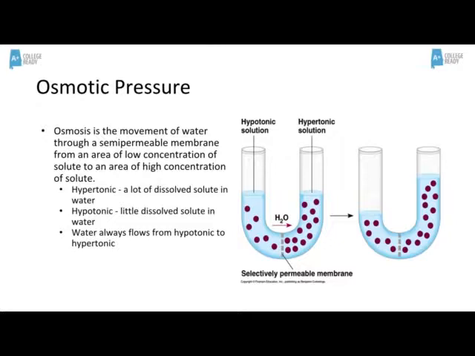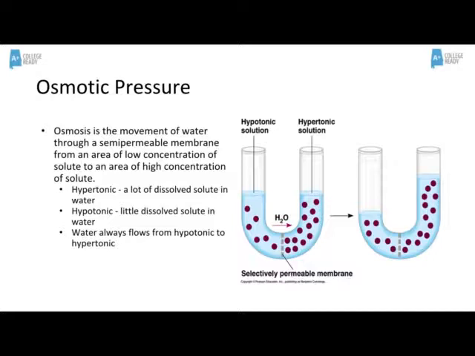We have different terms for different concentrations here. Hypertonic means that we have a lot of dissolved solute. Hypotonic means we have a little dissolved solute, and we always use these terms in respect to another. If we look at the picture, the hypotonic solution has less solute than the hypertonic solution.